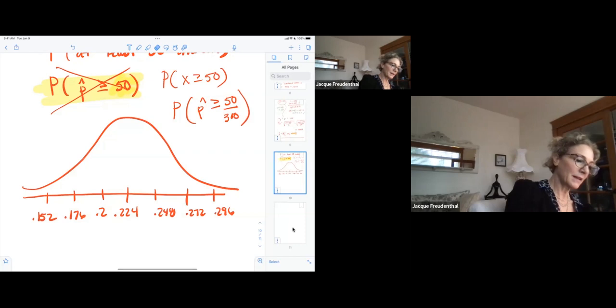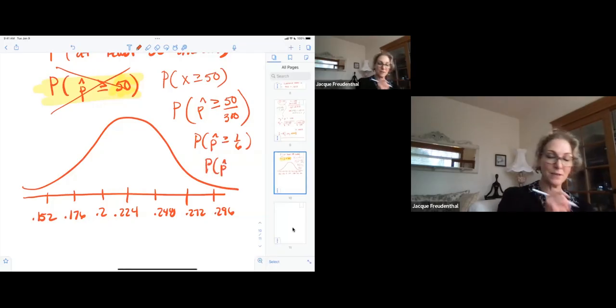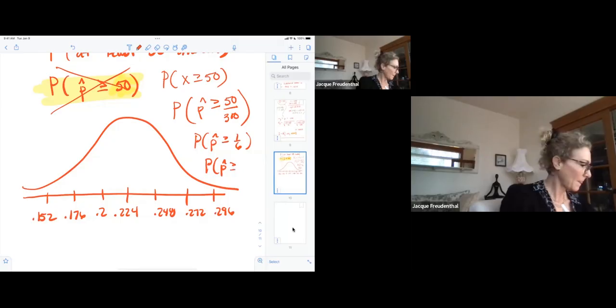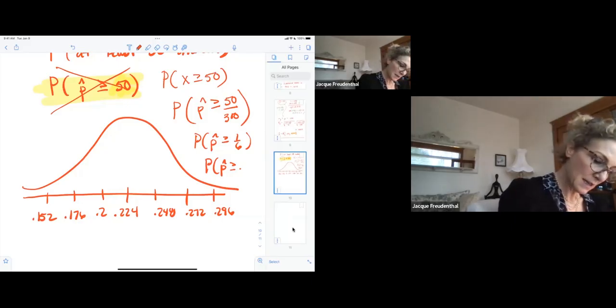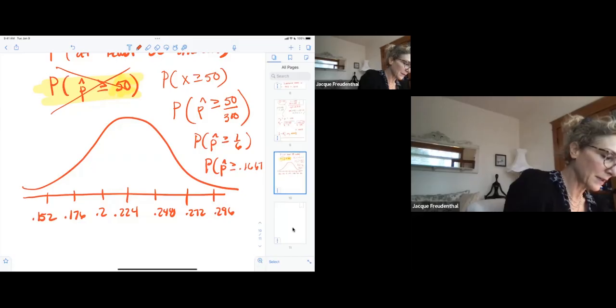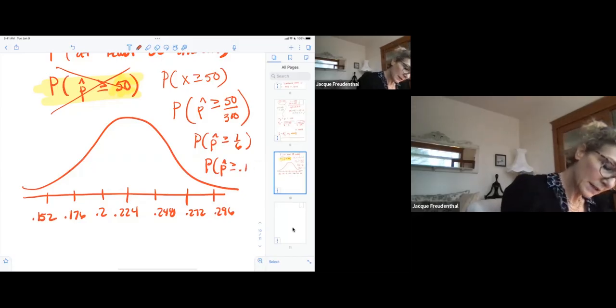Which is the probability of p hat greater than or equal to 1/6, which I'm going to use as the decimal just because I have my graph in decimal form. One divided by 6 is 0.1667. Let's say 0.167 here.